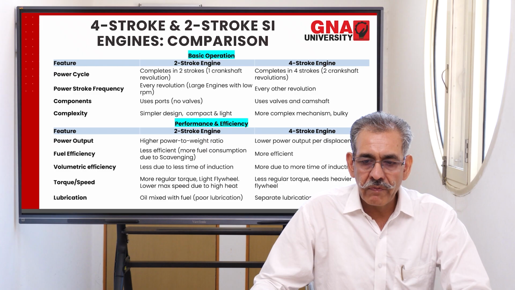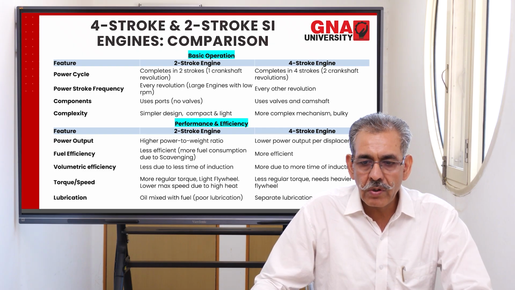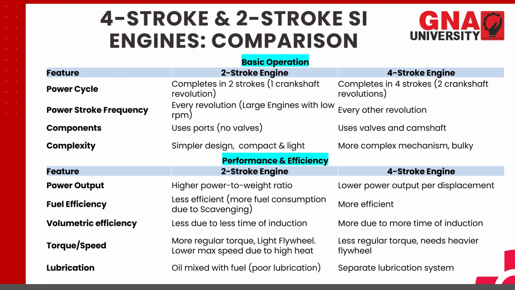Next we talk of the comparison of these 4-stroke and 2-stroke engines. 2-stroke completes in 2 strokes, that is, in every revolution. It uses ports, no valves are there, simple design, compact and light. Whereas 4-stroke engine completes in 4 strokes, and every other revolution it gives you the power stroke.